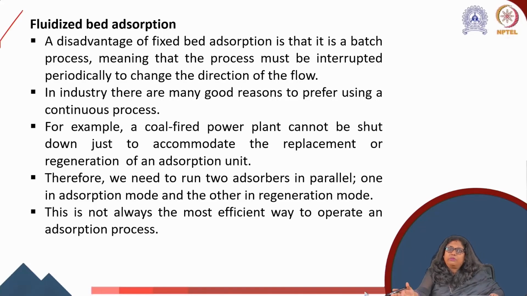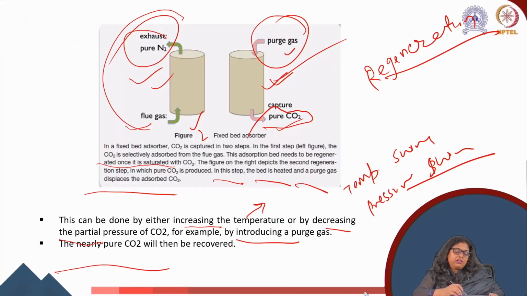Talking about fluidized bed adsorption, that is another option we do have. The fixed bed adsorption is a batch process. This and this are the same unit, unit 1. First we have the operation in unit 1, where flue gas comes in from the bottom and we get pure N2 at the top from the exhaust.